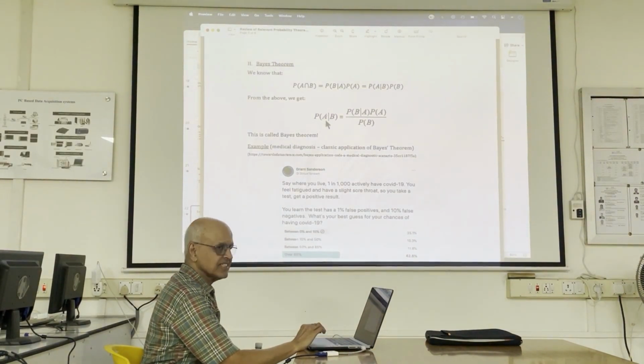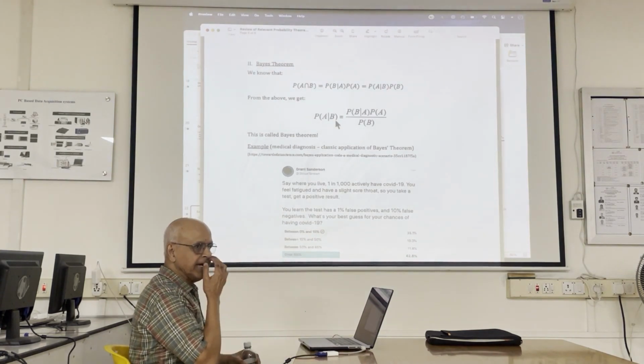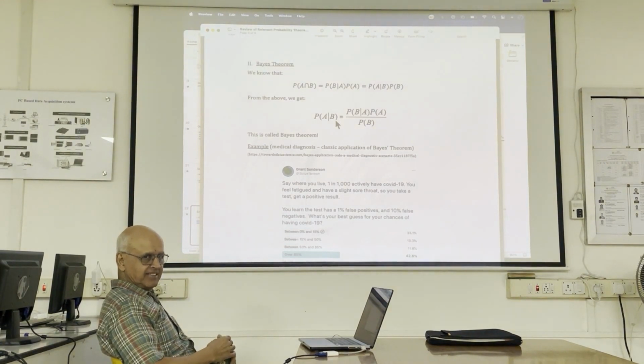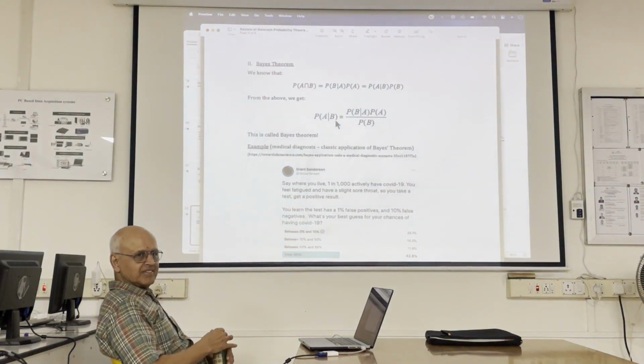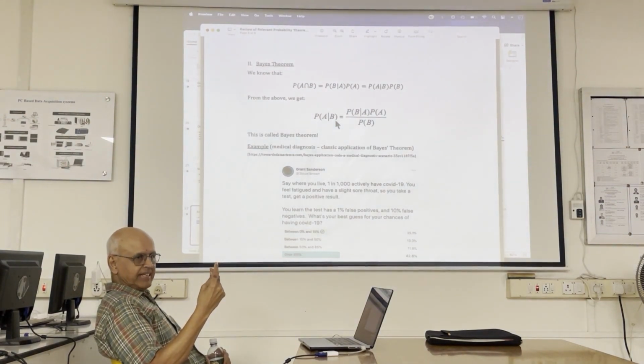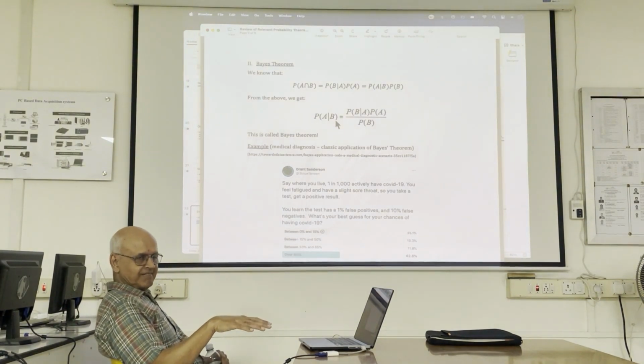So P of A is having COVID given the positive result. And that's not necessarily true. When you take a test and somebody says you have diabetes, it's not 100% true. There are 2 categories, false positive and false negative. False positive means the test said that you have it, but you don't have it, right?